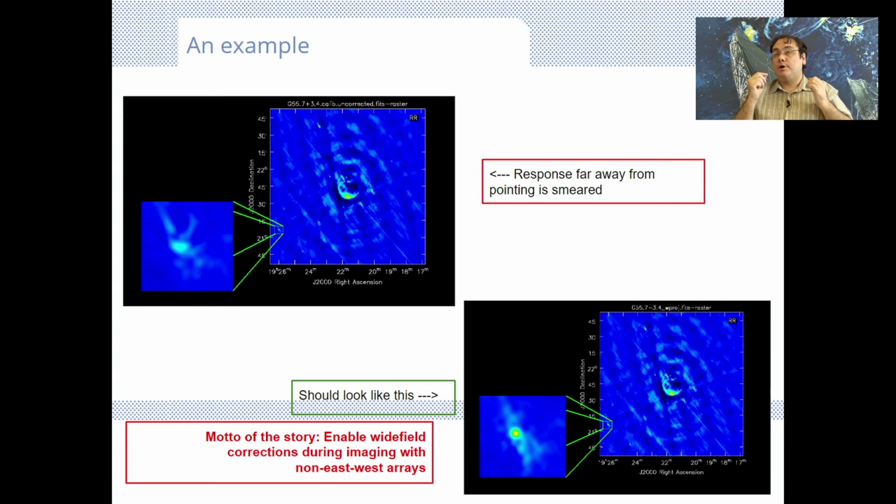So I'm not going to go into much more detail about how these techniques actually work. For that, you can look at the Interferometry and Synthesis in Radio Astronomy book. The fine details are discussed in there, but the take-home point is just to enable your wide field corrections in your chosen imager whenever you have a two-dimensional array such as MeerKAT, ASKAP, GMRT, and so on.